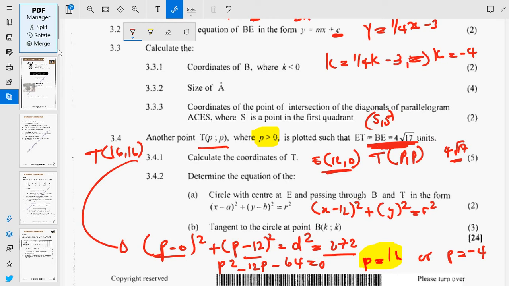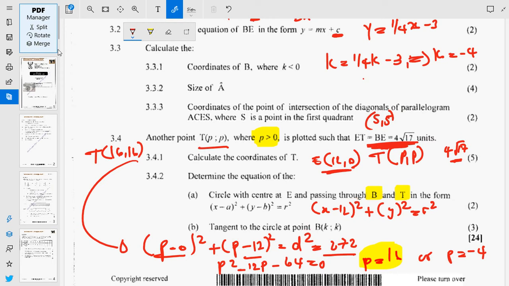How do we find r? We know that this passes through B and T. So you can substitute any point, B or T, as long as the circle passes through that point. You can substitute it, then you will find your r squared.